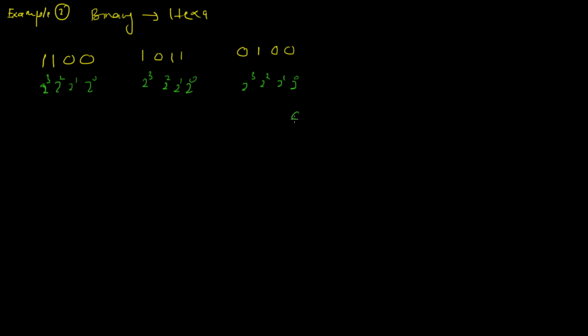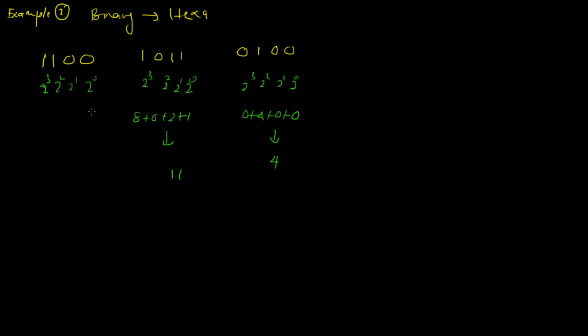The first is 0 plus 0 plus 4 plus 0, which produces 4. This one is 1 plus 2 plus 0 plus 8, which produces 11.